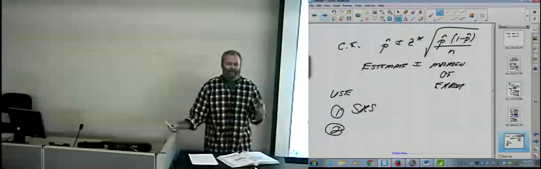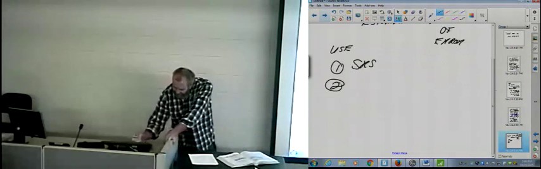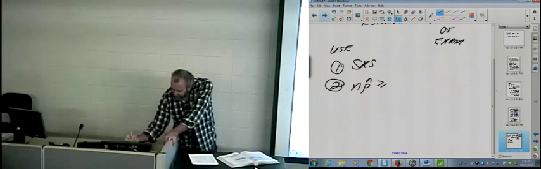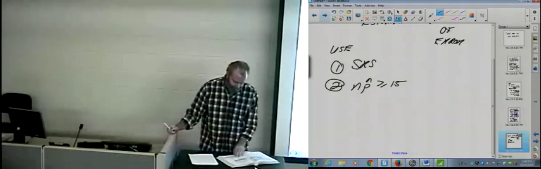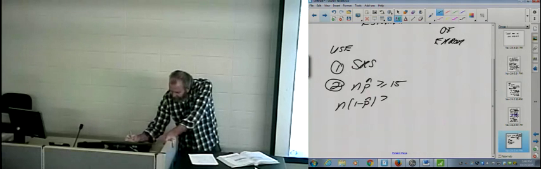Number 2 is about sample size. What I need is n times p hat to be bigger than or equal to 15. And I need n times 1 minus p hat to be bigger than or equal to 15.